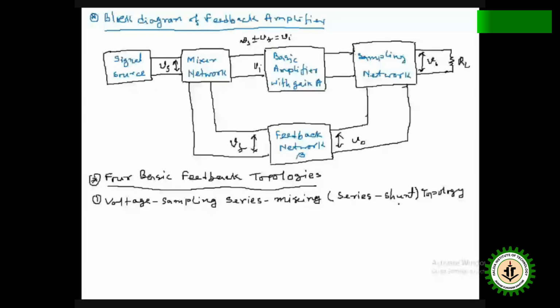When we measure the voltage or divide the voltage, that is sampling, then it is shunt. And when we see the current, then we see in series. You see number 2, current sampling, shunt mixing.